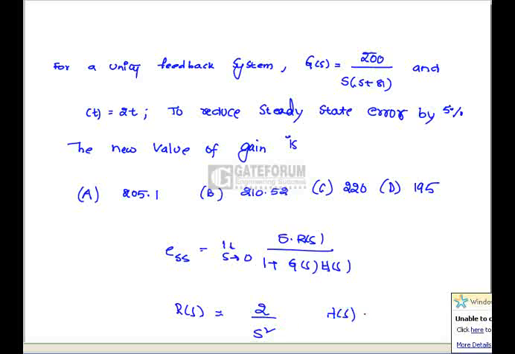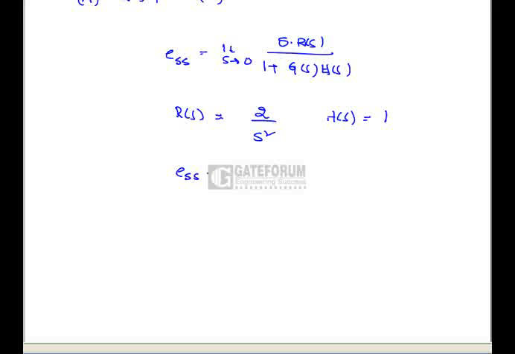H of S equals 1. So ESS equals 2 divided by 1 plus limit S tends to 0 S G of S. This is 0, so this one, which is 2 by Kv.